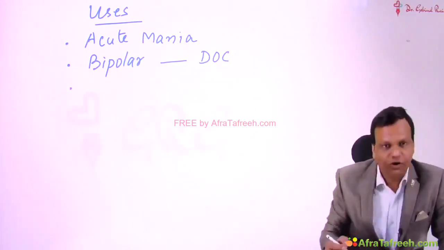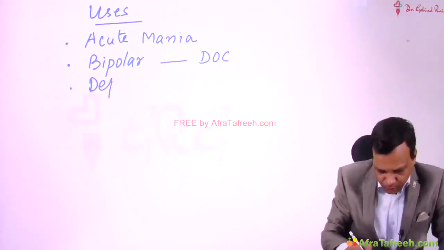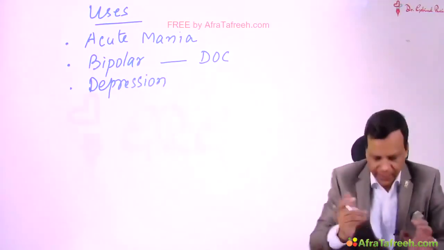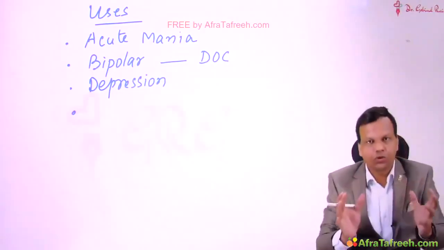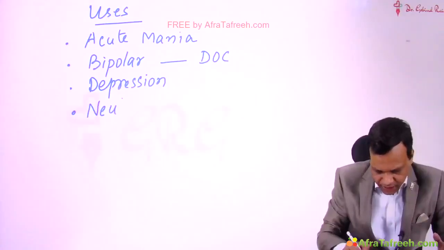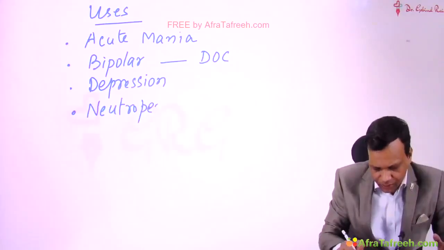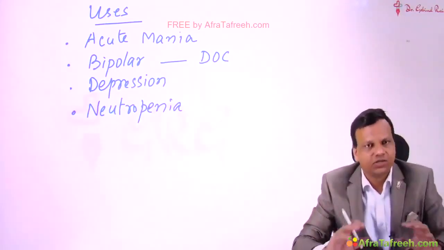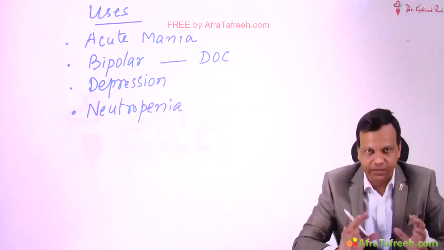Lithium can be used even for depression. Unipolar depression also we can treat with lithium. And lithium increases the leukocytes, so although not commonly used, theoretically we can use lithium for treatment of neutropenia, although it is not used because of so many side effects. So these are the uses of lithium.